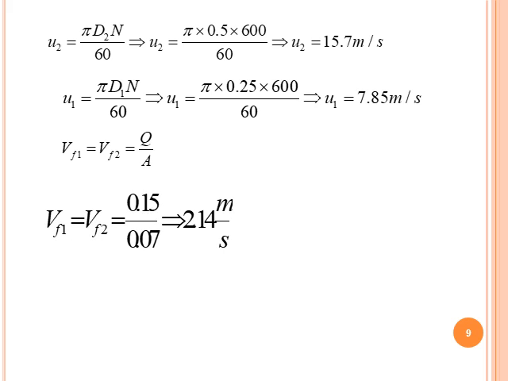Here Vf1, the flow velocity at inlet, is equal to the flow velocity at outlet, which is the discharge 0.15 meter cube per second divided by the area 0.07 meter square. By these values we get the flow velocity, constant from the inlet to the outlet of the centrifugal pump, and that value is 2.14 meter per second.